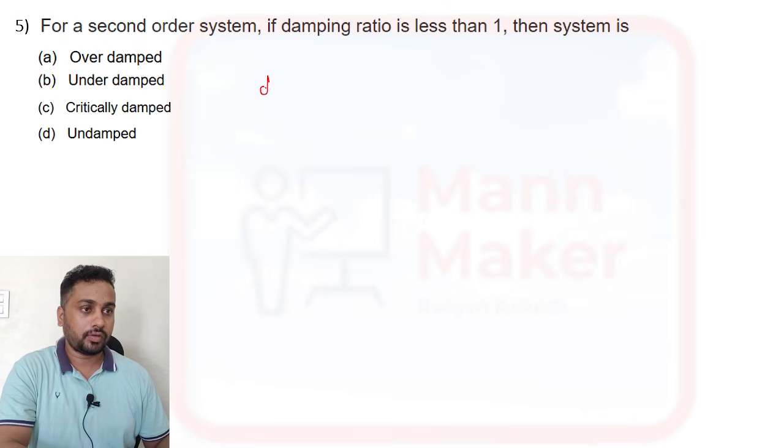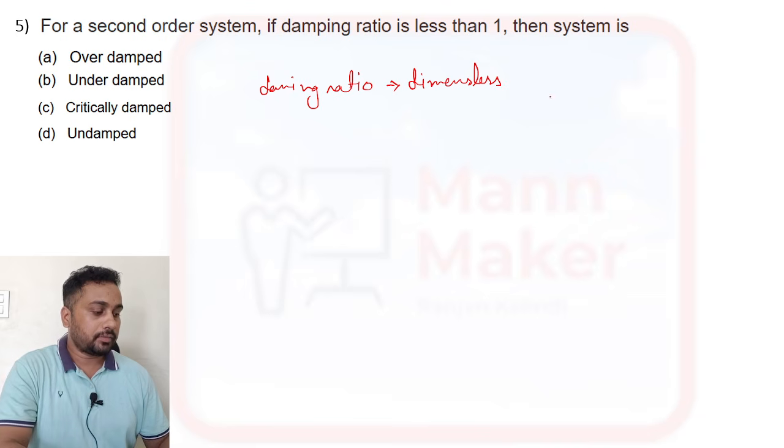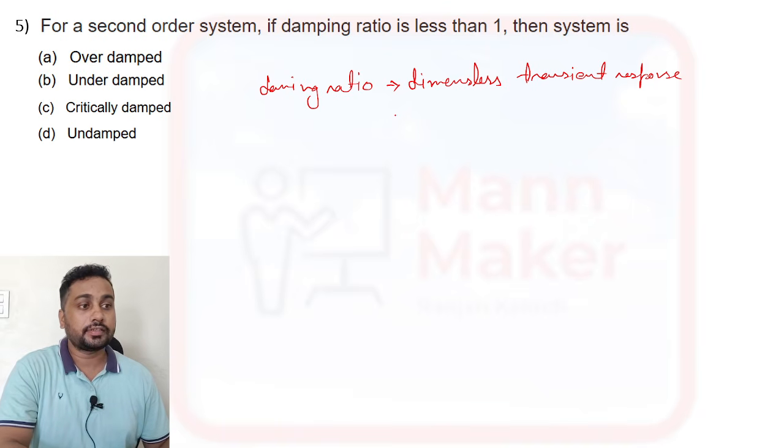First, if we talk about damping ratio, generally in control system, damping ratio is a dimensionless transient response. Okay, dimensionless transient response.